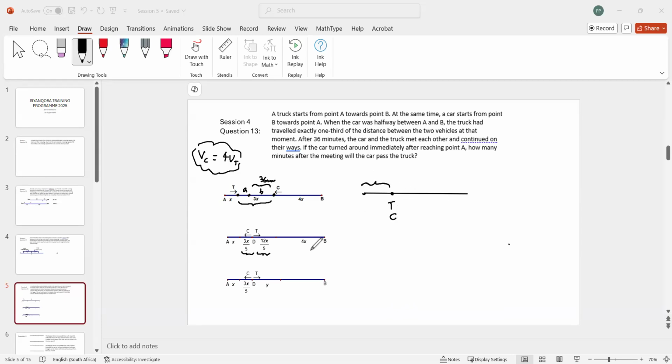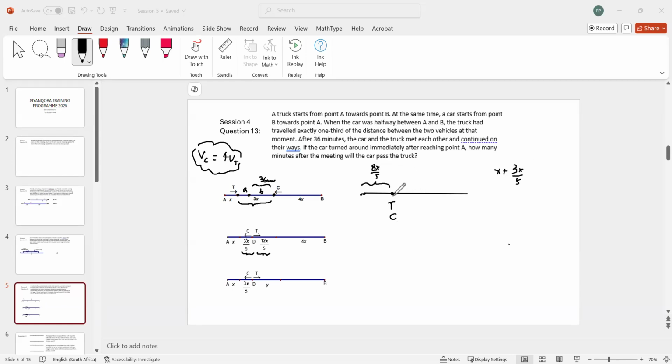And this distance here is, you have to add x and 3x over 5 to see where they actually meet. That is 5x over 5 plus 3x over 5. So this is 8x over 5. Okay, so they are 8x over 5 from this.